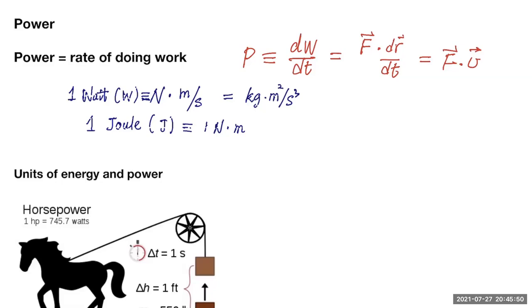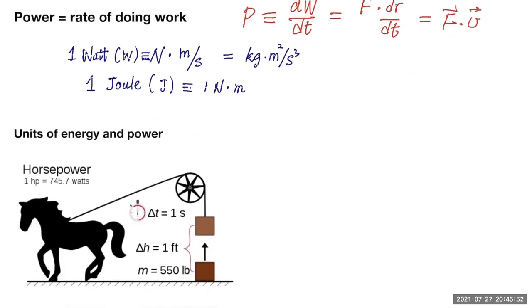And if you look at horses, here's another commonly used unit when it comes to power. It's called horsepower. History tells us that it really had to do with James Watt himself. Somebody asked him to design and build an engine which can replace a strong horse in the work of pulling up water from a well.